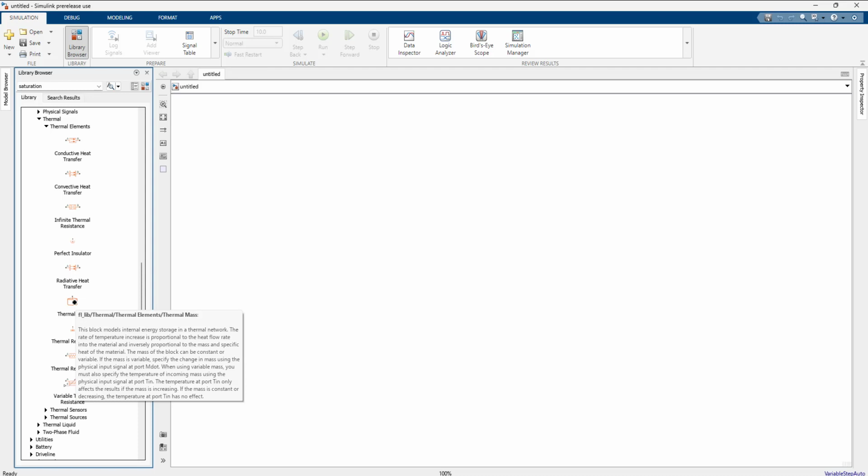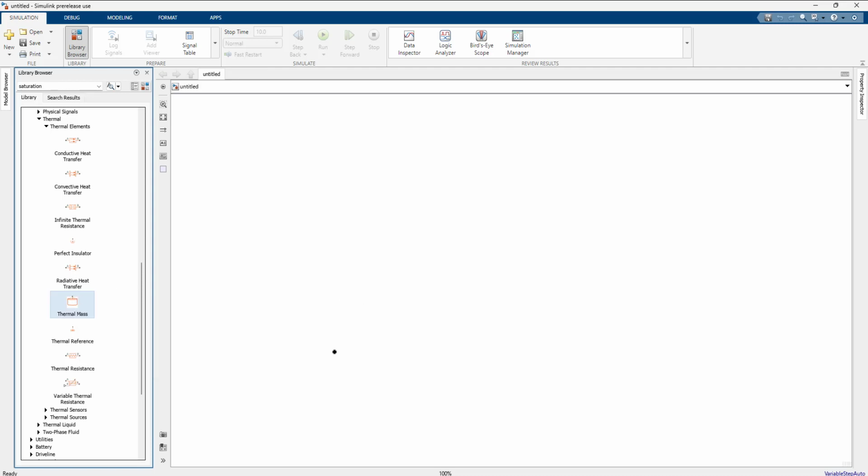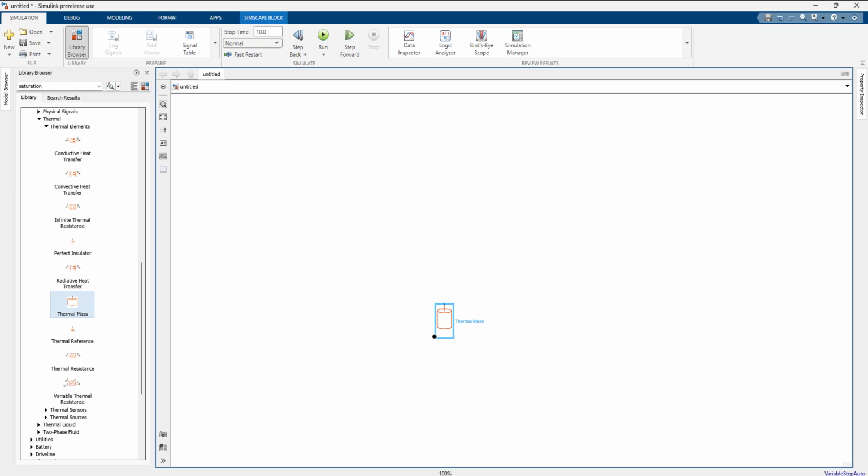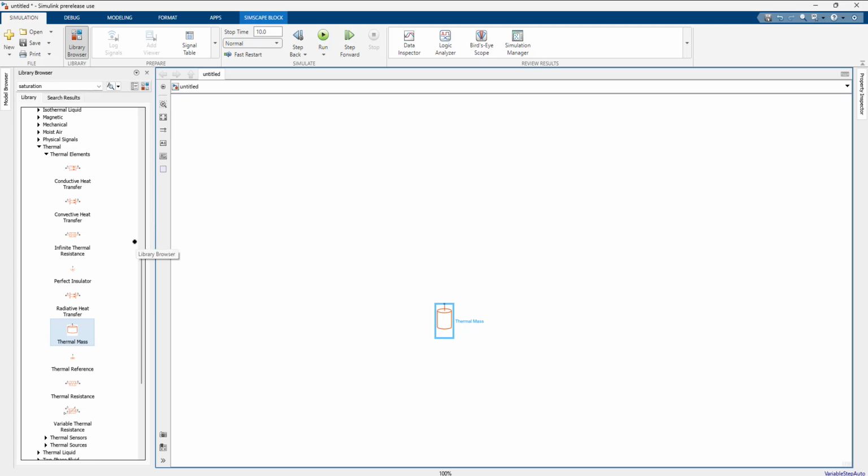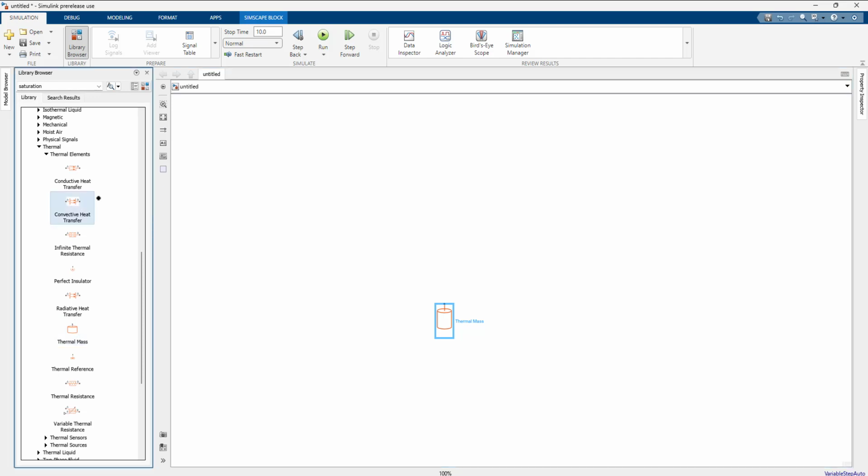At first, for our tank, we can use thermal mass. So we drag this to the workspace. It's a thermal mass. And also we need a convective heat transfer because we have heat transfer between the heat exchanger and the water inside the tank.